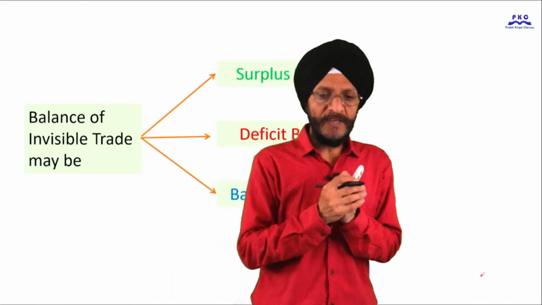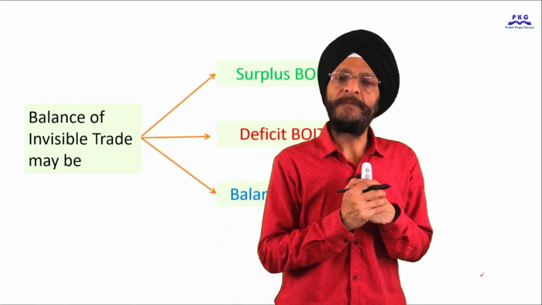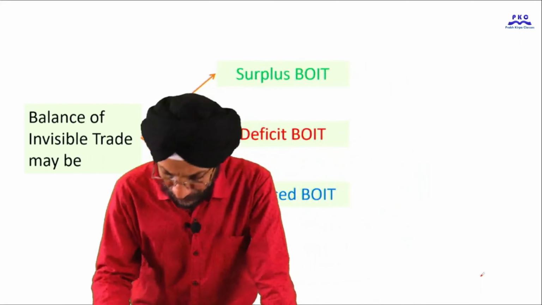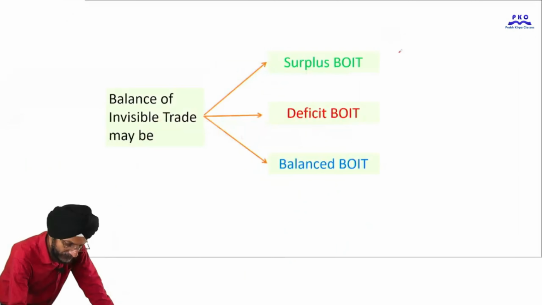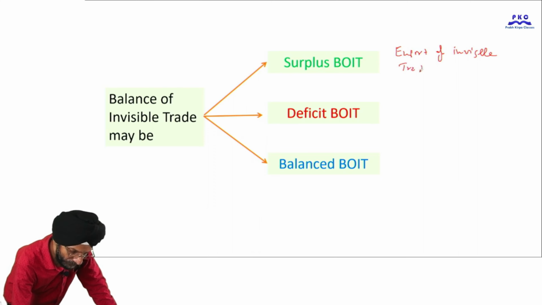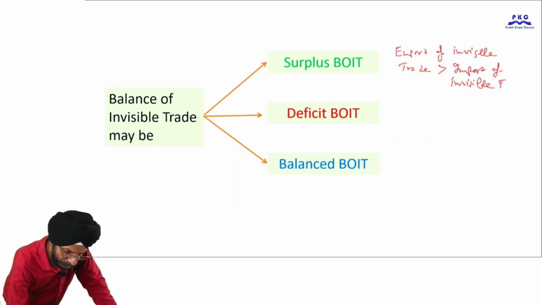So the balance of invisible trade may be surplus, deficit or balanced. Surplus balance of invisible trade occurs when export of invisible trade is more than import of invisible trade.